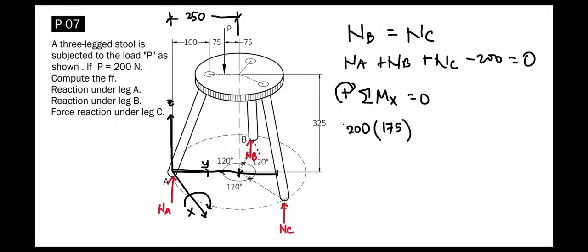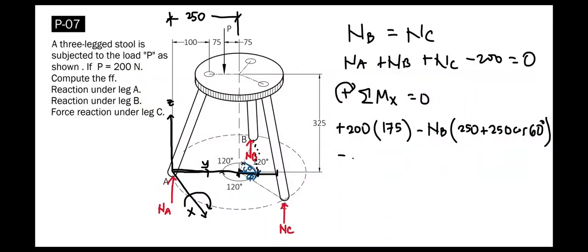That will induce a clockwise moment, so it's positive, minus the moment induced by N sub B, since that will induce a counterclockwise moment, so it's negative, times its moment arm distance, which is equal to 250 plus this distance here, that is 250 cosine of 60 degrees, because since this angle here has a total value of 120, halfway this angle, that's 60 degrees, and this one here is also 60 degrees.